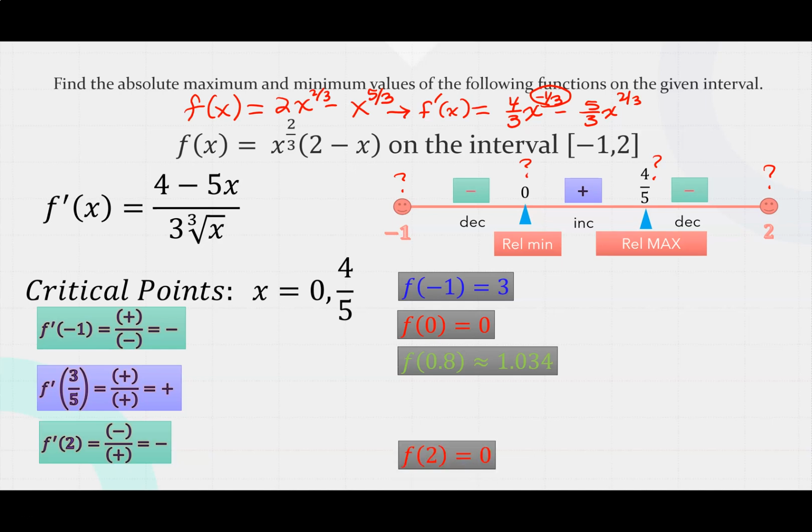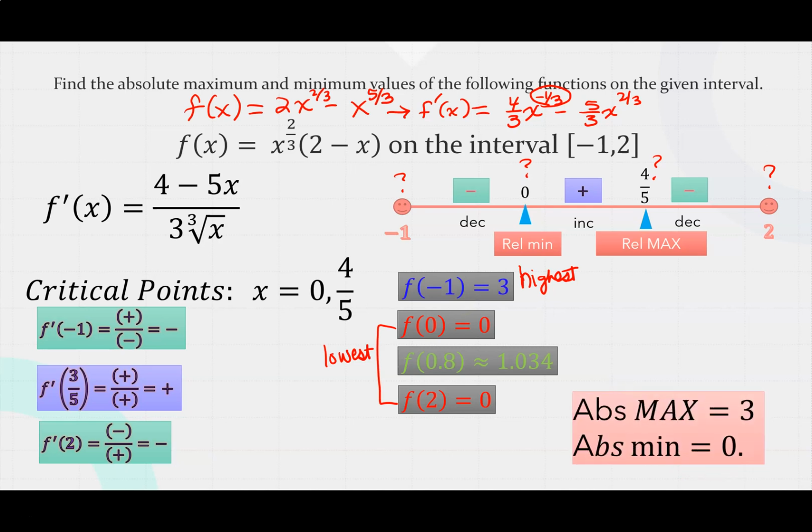And then f of 2 at the right-hand point is 0. So as you can see, 0 is your lowest function value within the interval. And f of -1, which equals 3, would be your highest function value within that interval.